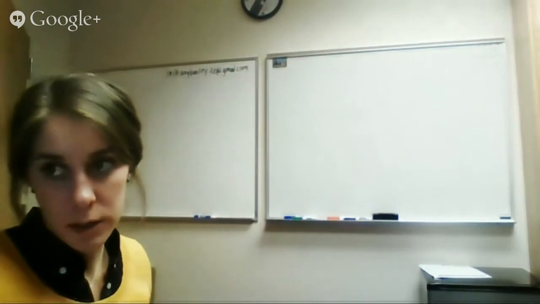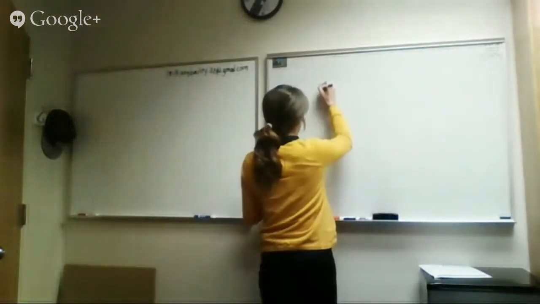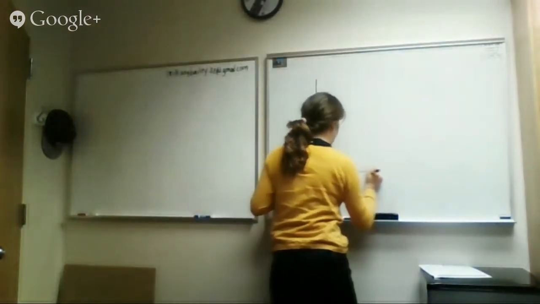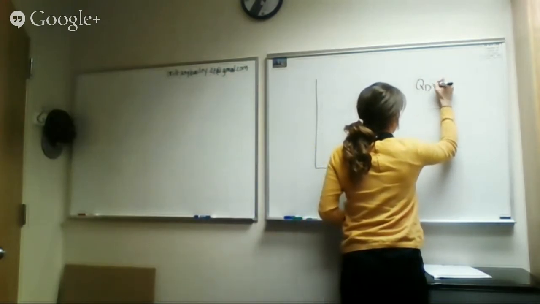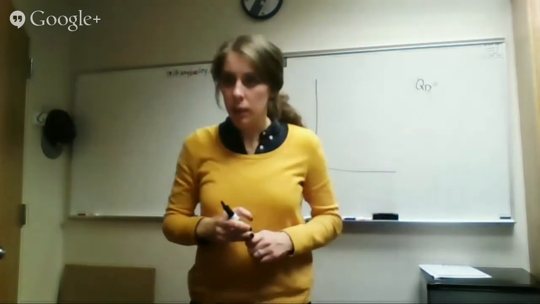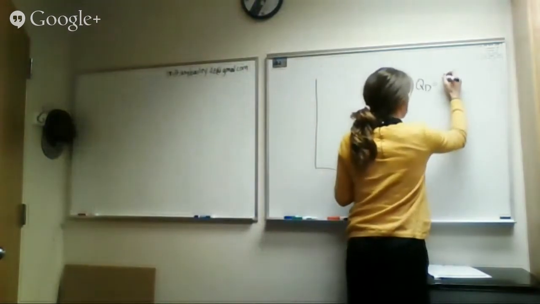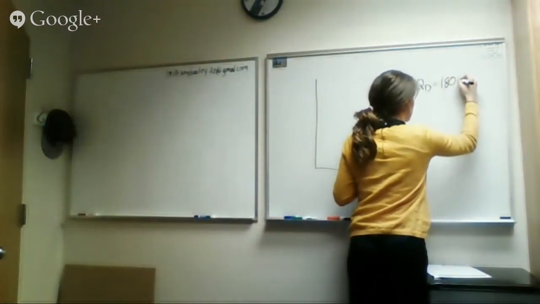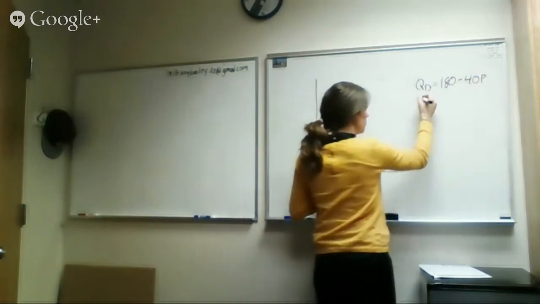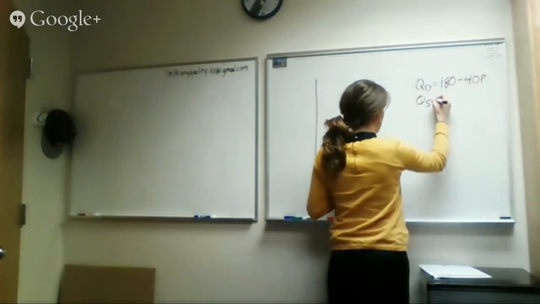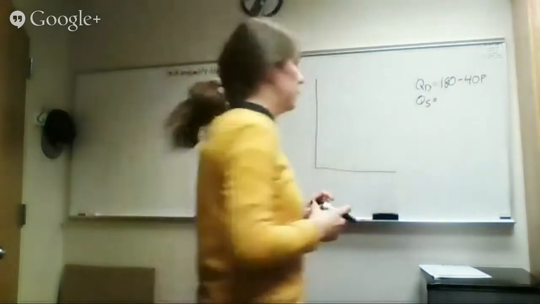Okay, so demand is given by $180 minus 40p. And supply is given by negative 20 plus 10p.